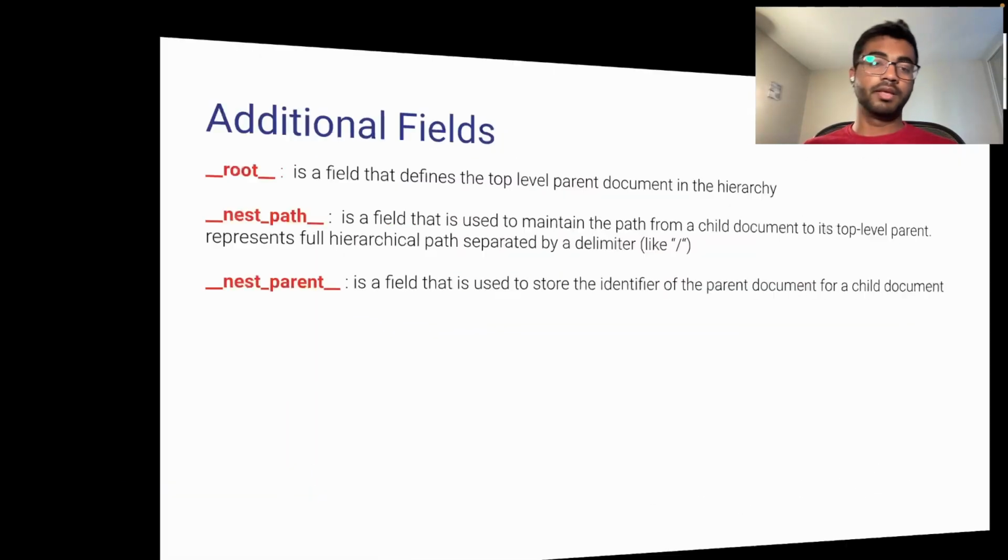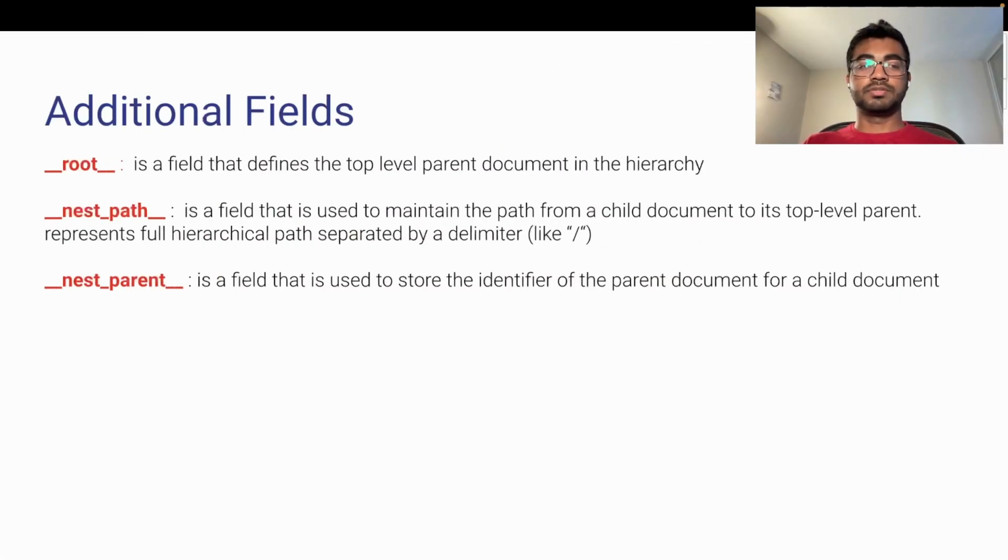That's exactly right. Solr introduces 3 different fields called root, nest path, and nest parent to support this feature. What exactly is a root? Root is a field that defines the top-level parent document in a hierarchy. Nest path, okay, this is a lot of text, but I'll give an example, so just bear with me for a couple of minutes.